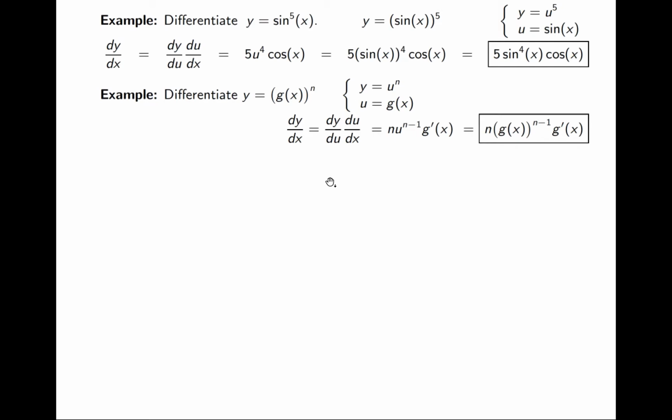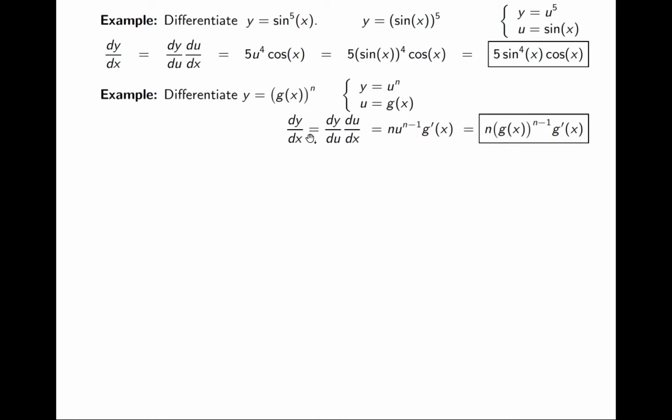So what we've done here is we've looked at a generic function to a generic power, g of x to the power of n, and we've figured out the derivative of that, dy dx, is n times g of x to the power of n minus 1 times g prime of x. That's essentially what happened right here: 5 g of x to the power of 4 times g prime of x.